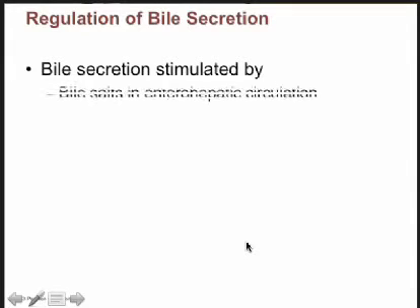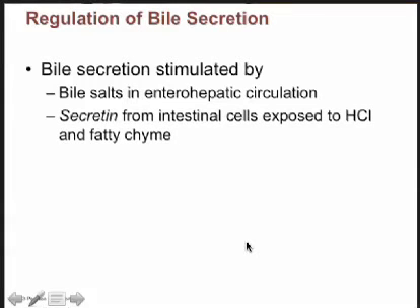Bile secretion is stimulated by bile salts in the enterohepatic circulation. That's basically the liver circulation, okay, enterohepatic, and secretin from the intestinal cells, which have been exposed to hydrochloric acid and fatty chyme. So that's basically a stimulus.